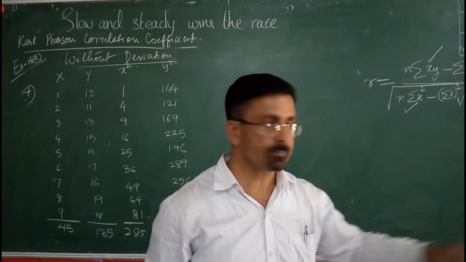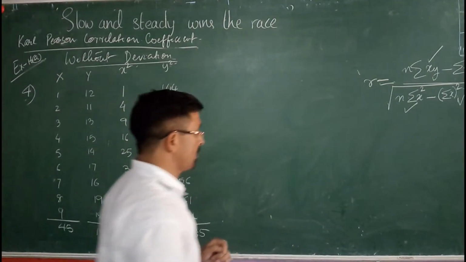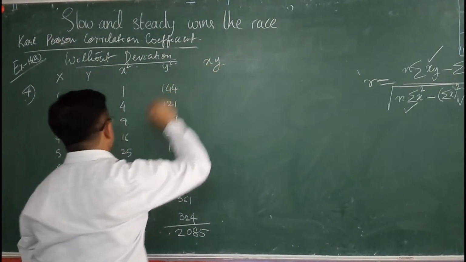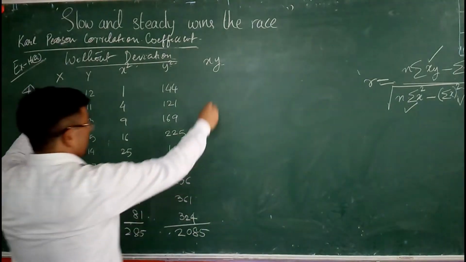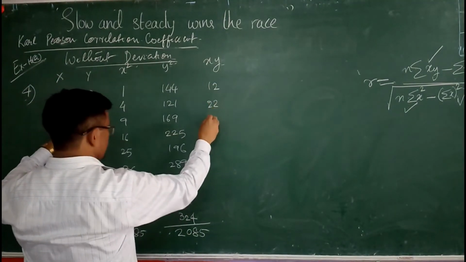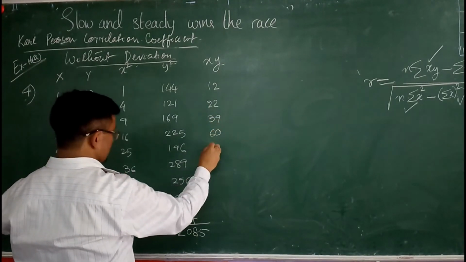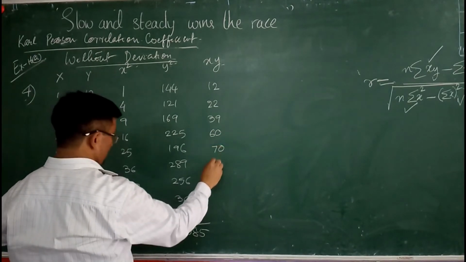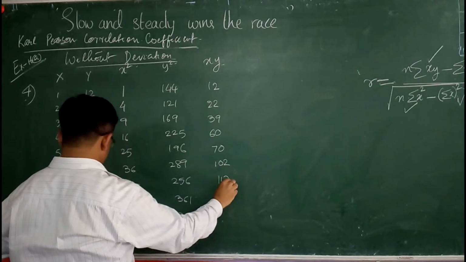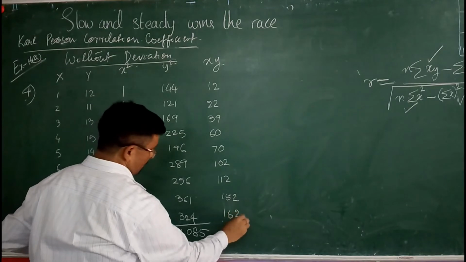Is it okay? Yes, sir. We are going to punch into the formula and then calculate. Oh, sorry. We also require a column for x and y. Now, 12 into 1, 12, 22, 39, 60, 70, 102, 112, 152, 162.